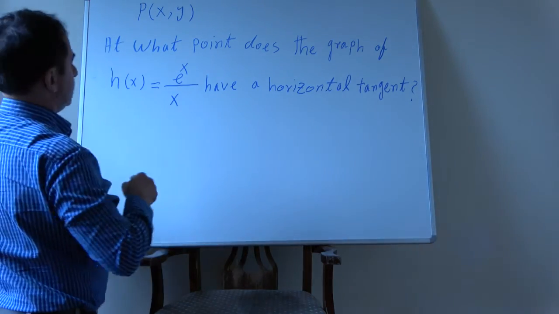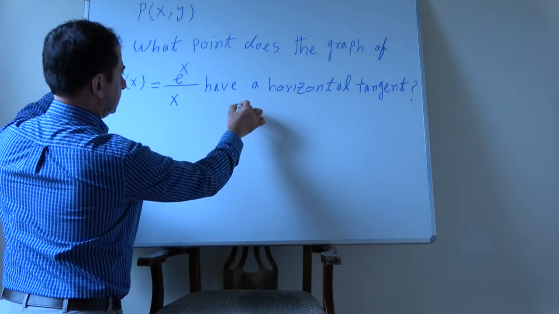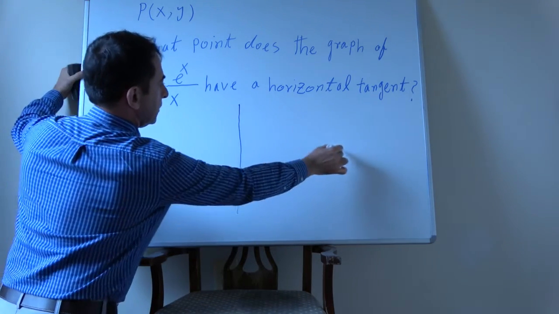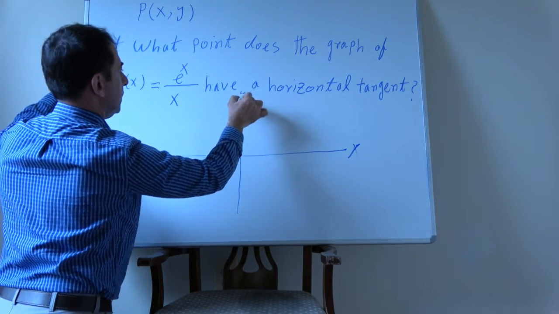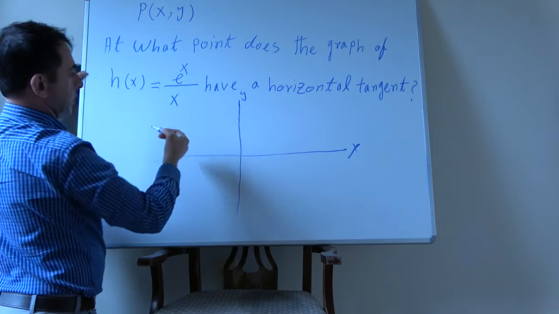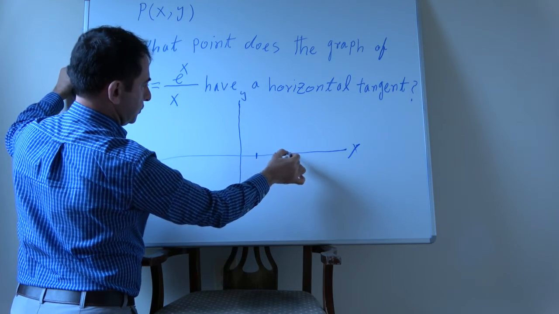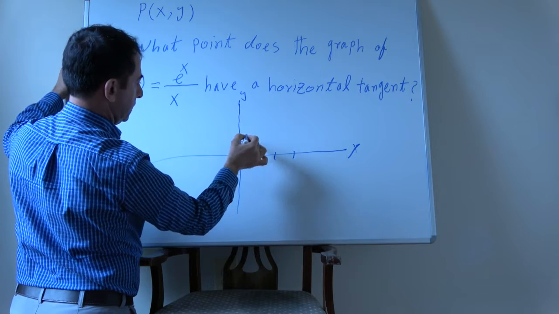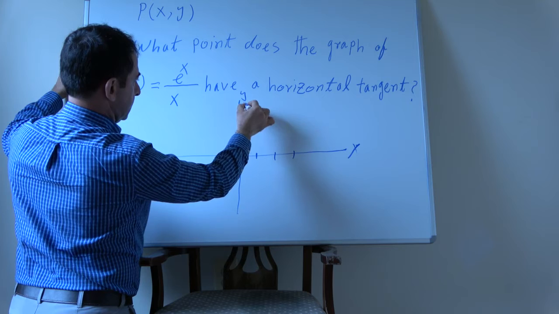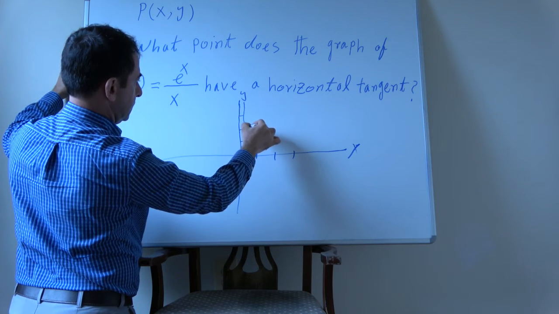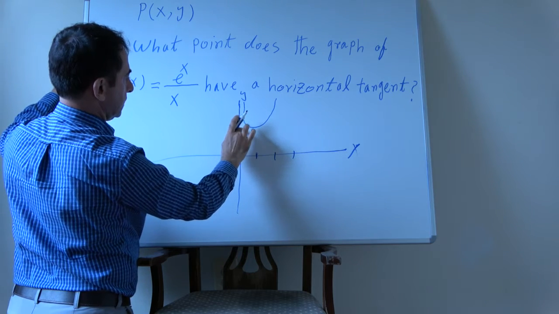If you graph this function, if this is 1, 2, 3, this function would look almost like that.